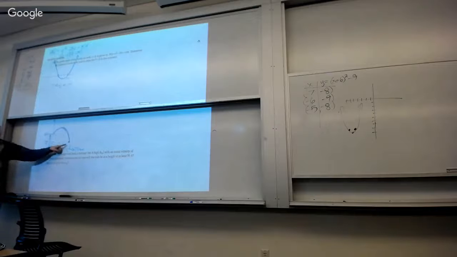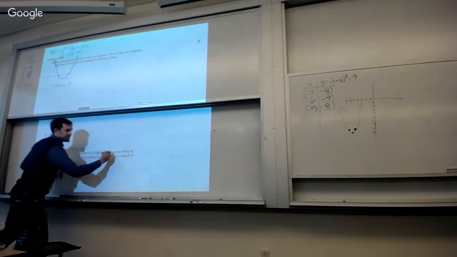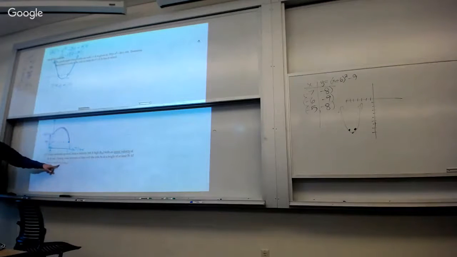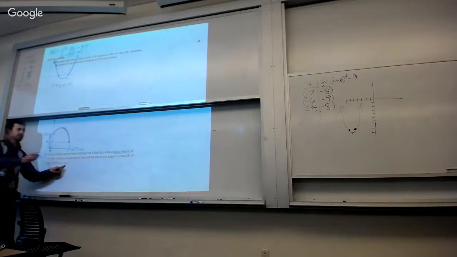I don't know when that time is, but we apparently want to solve for that question mark. And they're telling us that your height function, this is the height function, telling you how high it is, negative 16t squared plus v naught t plus h naught, where v naught is probably the initial velocity, and h naught is your initial height.